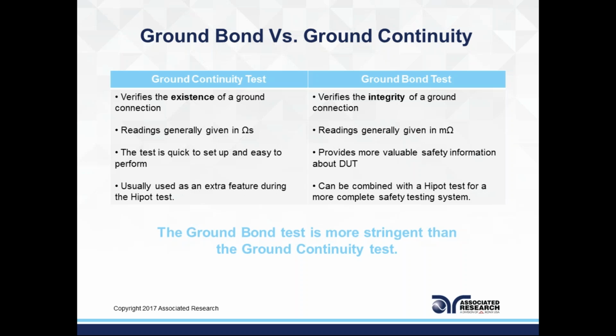Now, again, the readings are also given in milliohms, and as we saw earlier in some of the standards requirements, 100 milliohms, 200 milliohms generally gives you a good idea of what the resistance of your ground circuit should be. This provides valuable information about the safety circuit of your product. So if I'm able to apply 25 amps of current to your ground circuit, and my resistance is 100 milliohms, this tells me that the product has a good ground. And in the event a fault were to happen, this ground circuit will carry the current and will carry it successfully.